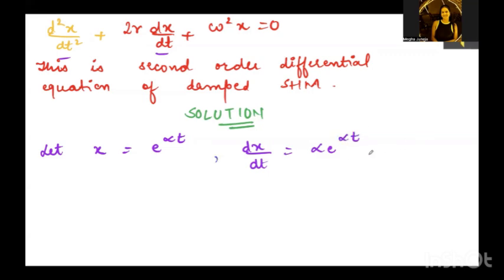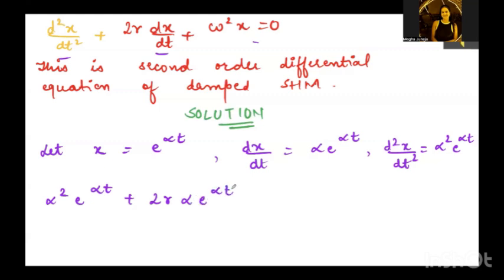And similarly d square x over dt square is going to be alpha square e raised to the power alpha t. Now let's substitute in this equation. So alpha square e raised to the power alpha t plus twice of r times alpha e raised to the power alpha t plus omega square e raised to the power alpha t is equivalent to 0.